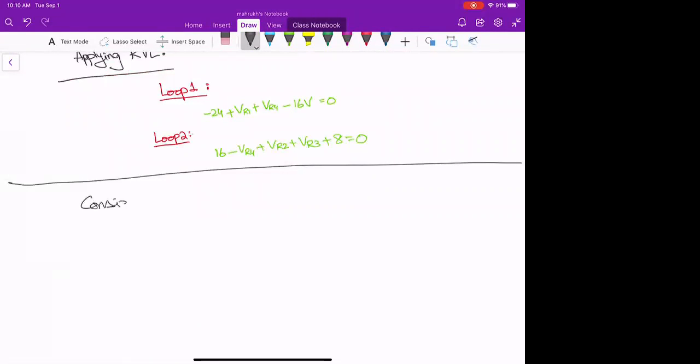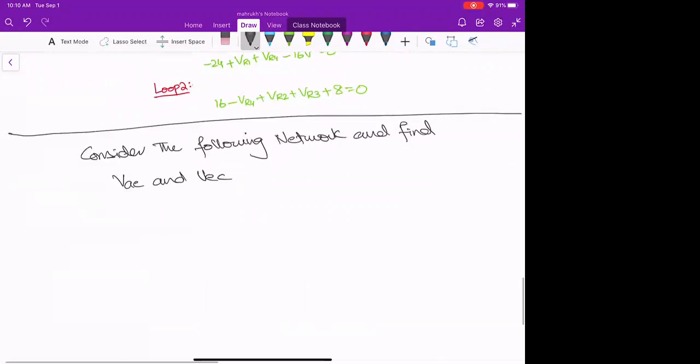Consider the following network and find VAE and VEC. Okay, so let me write the network.